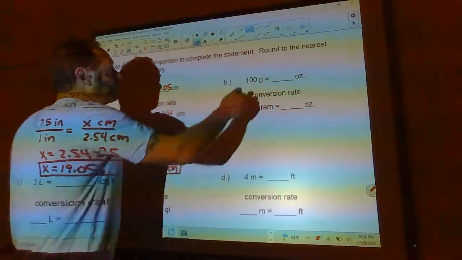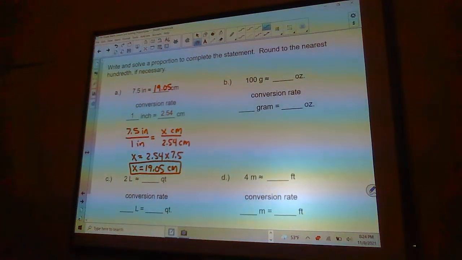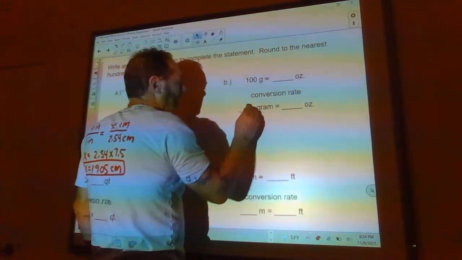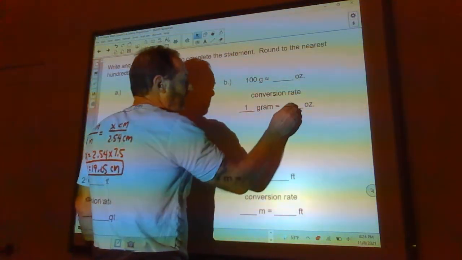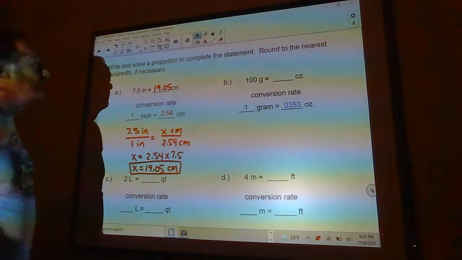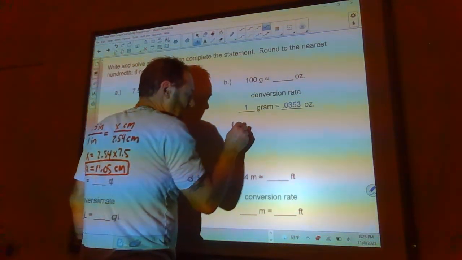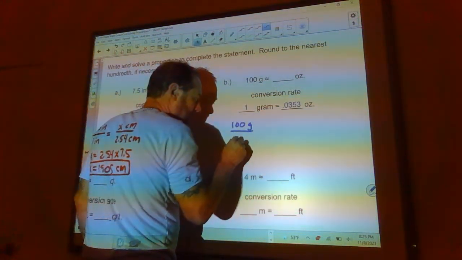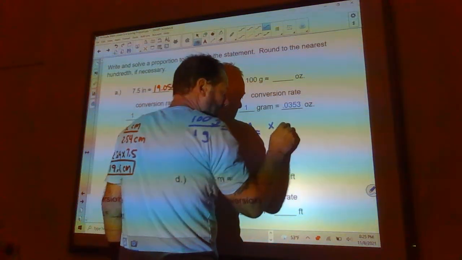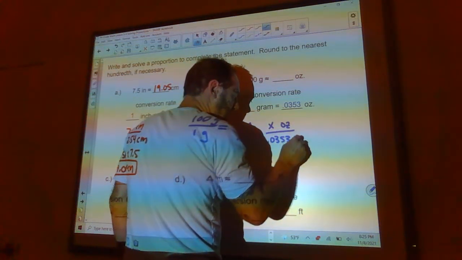All right, let's look at this one now. 100 grams is how many ounces? Well, I need a conversion rate. So I look up that 1 gram is 0.0353 ounces. So now I can write a proportion. 100 grams is to 1 gram as x ounces is to 0.0353 ounces.